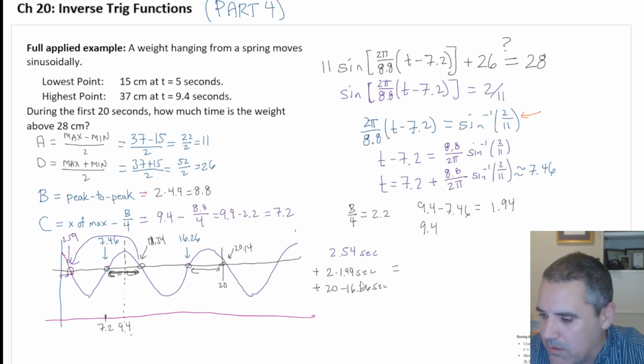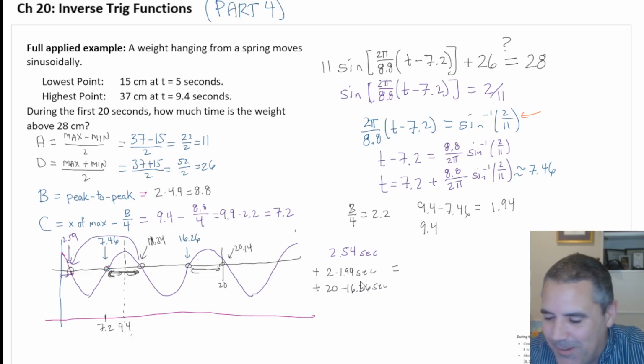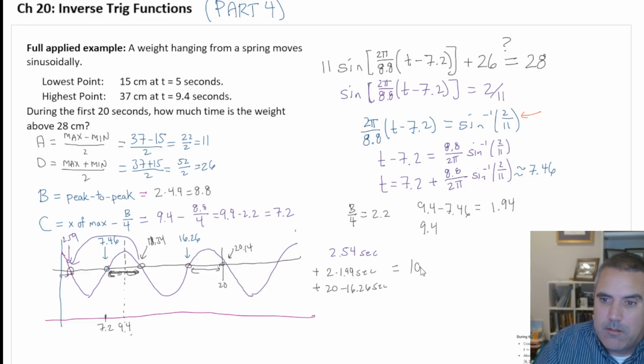For a grand total of like 2.1, I think is what I got before I did the video. Now I didn't write that down. 9.4 plus 20 minus 16.26. Yeah, so I got about 10.1, 10.2 seconds. 10.16, but I rounded a whole bunch there.